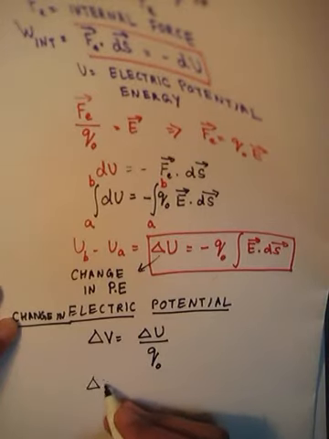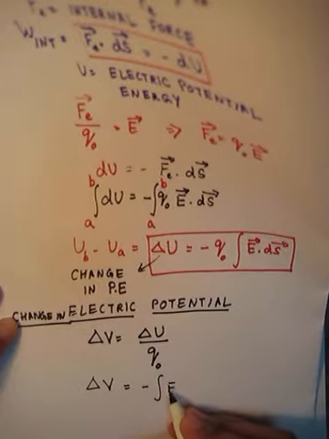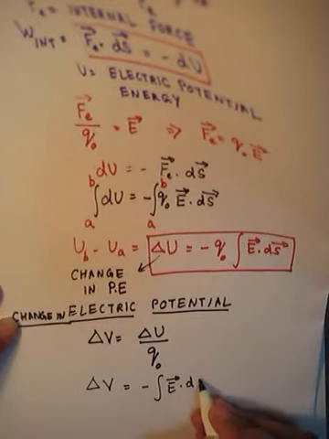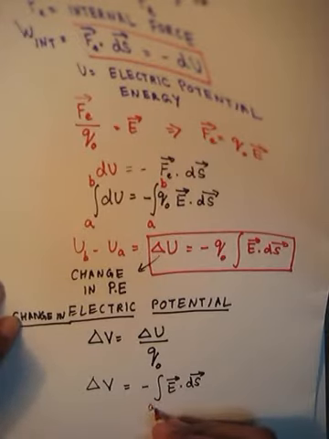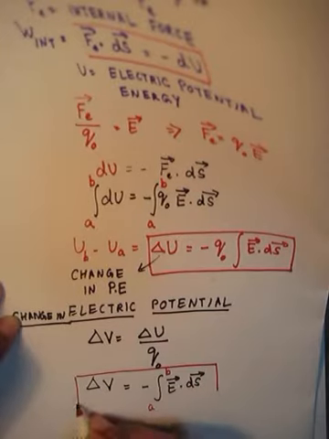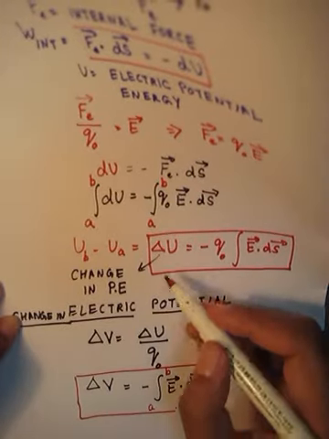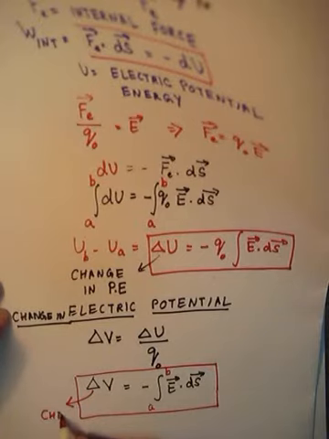Therefore, delta V will be equal to minus integral of E vector dot ds vector when we are moving from A to B. So this is change in potential energy, and this is change in potential.